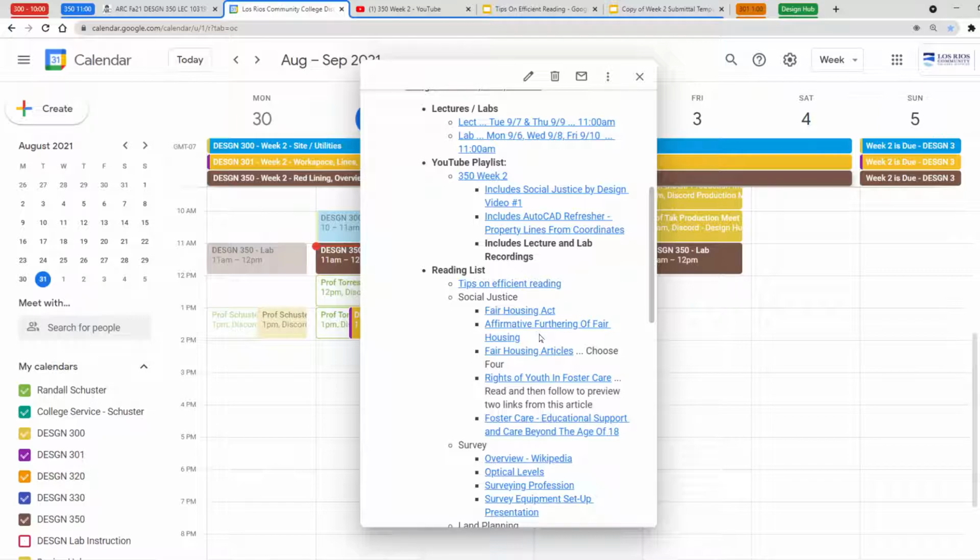So the goal of affirmative furthering of fair housing is to drive our local planning processes to reasonable, concrete methods towards fair housing. And in this class, you're going to have a chance to look at data and use data to ensure that the decisions that you make on any one lot are following the Fair Housing Act, affirmatively furthering fair housing. So you'll get to look at some of that.